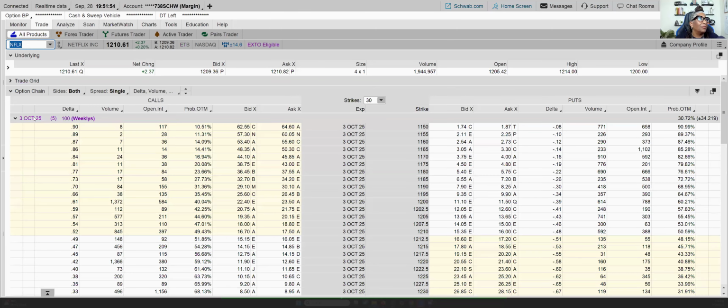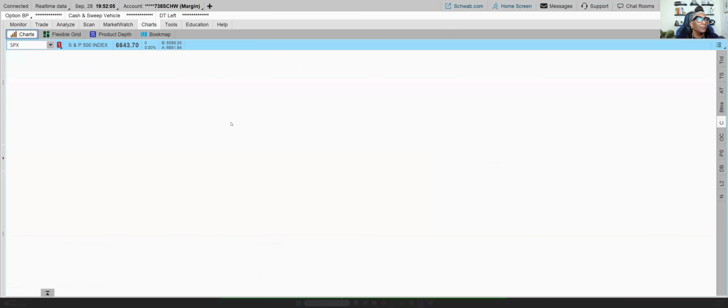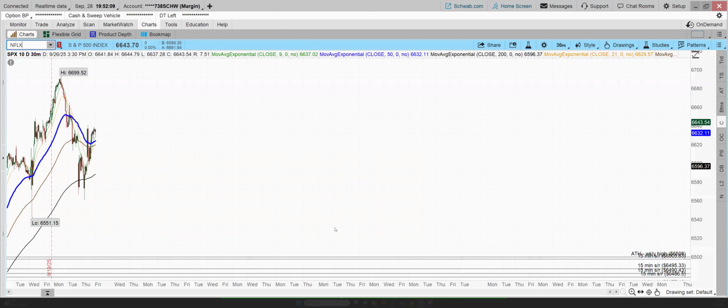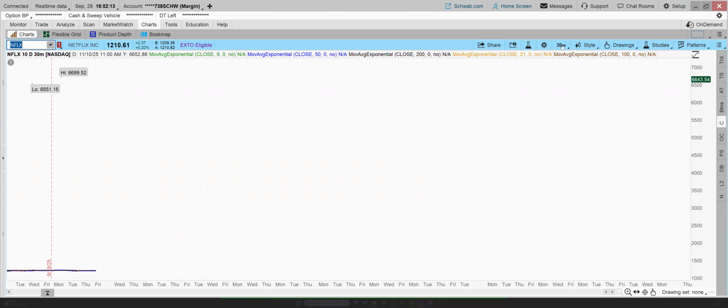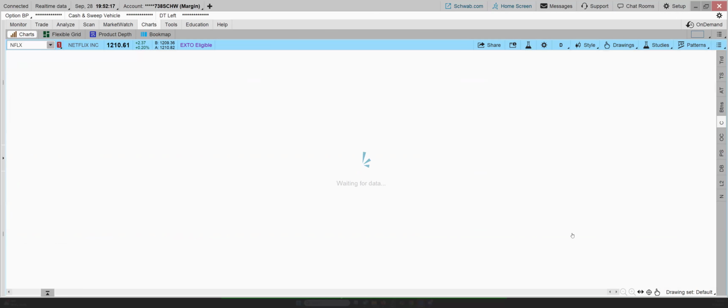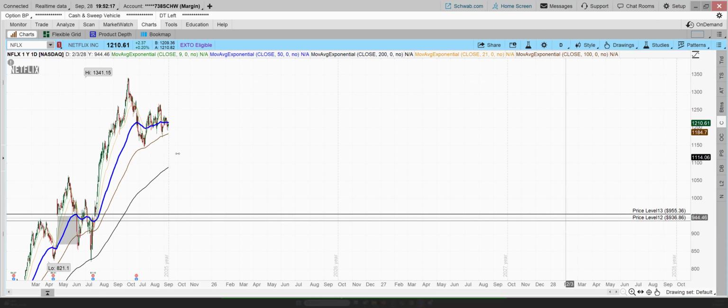So yeah, let's look at Netflix. Definitely a 5 spread. If you're looking at Netflix, is it bullish or bearish at this point? Let's go look at the chart. Well, on a larger time frame, it's kind of in a big potential bull flag, but it's been in consolidation in this range.